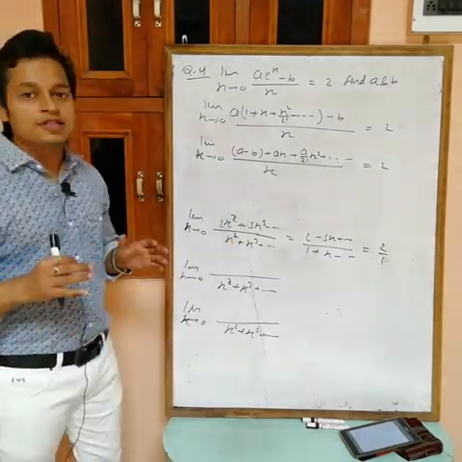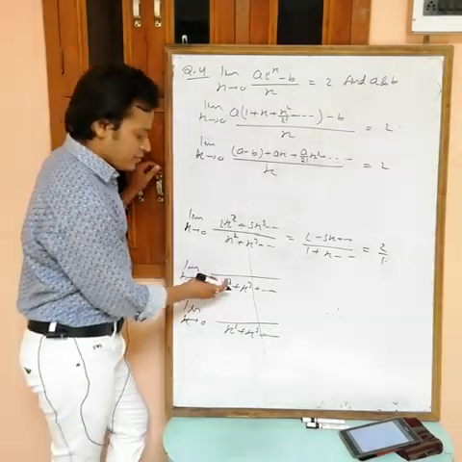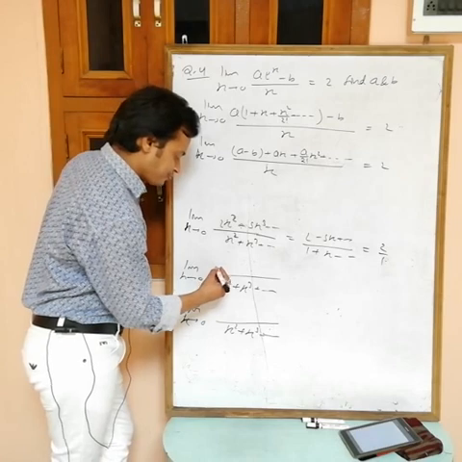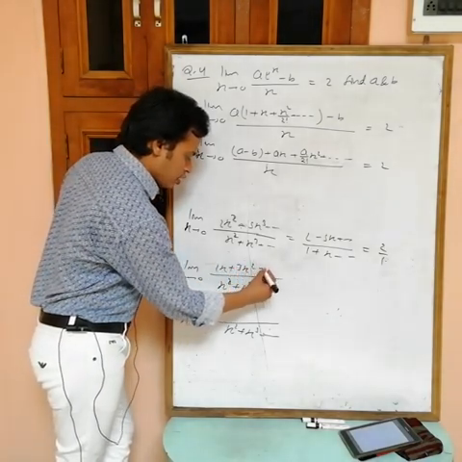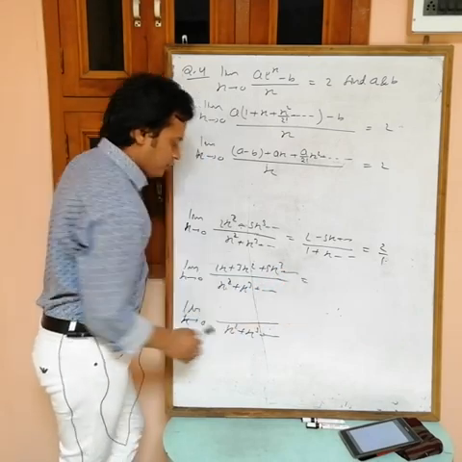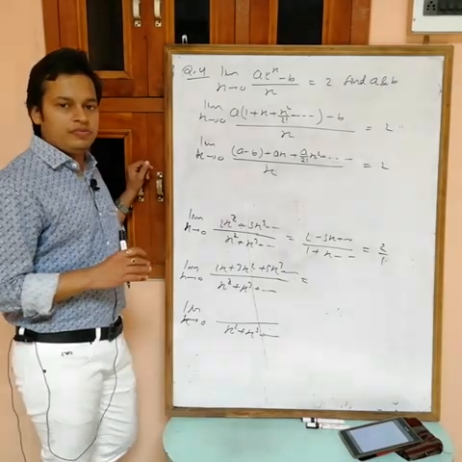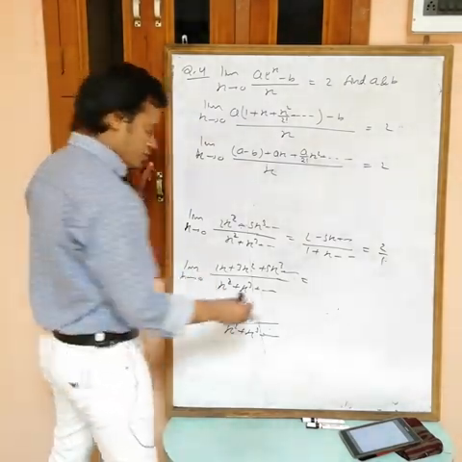Now take the minimum power of x in the numerator less than the minimum power of x in the denominator. So it must be less than 2. I am taking x: 2x plus 3x square plus 5x power 3, like this. In the numerator we can take common x only, in the denominator we can take common x square.